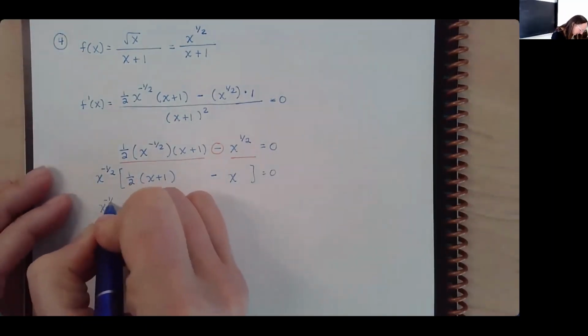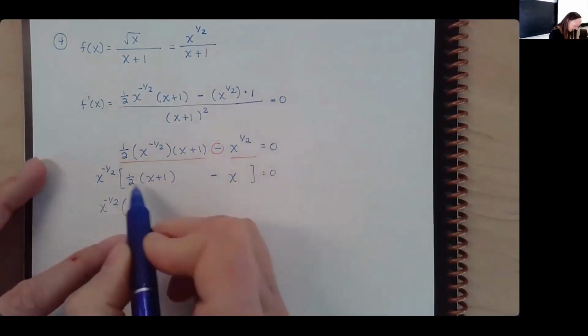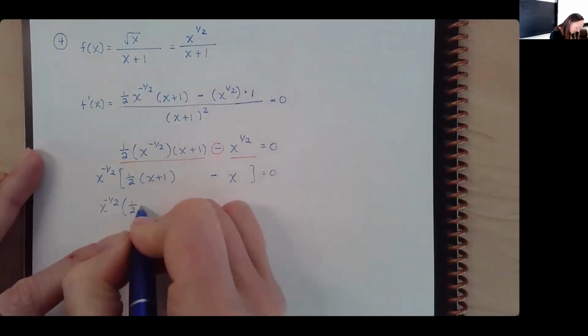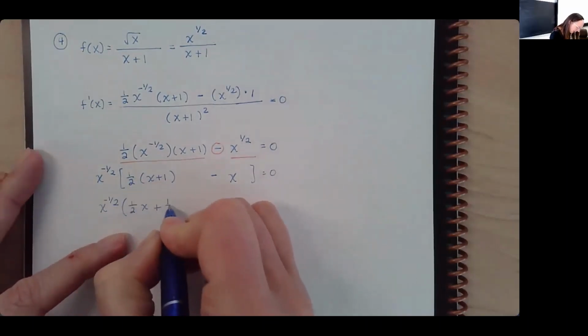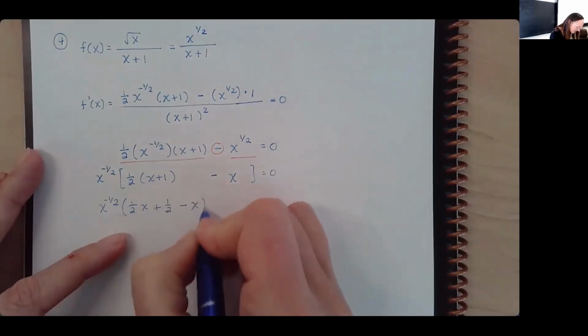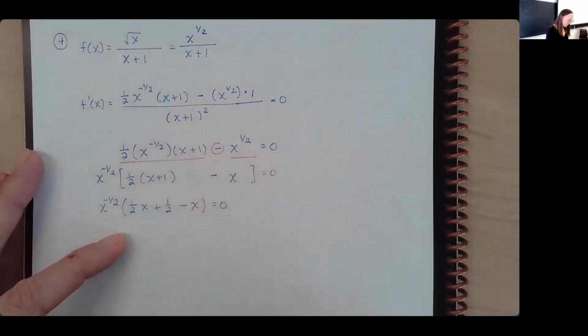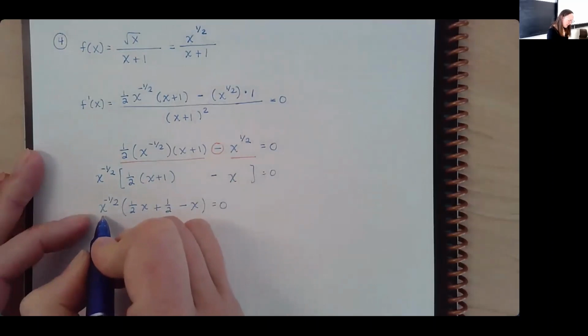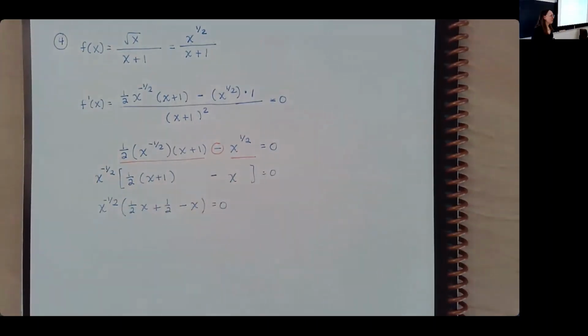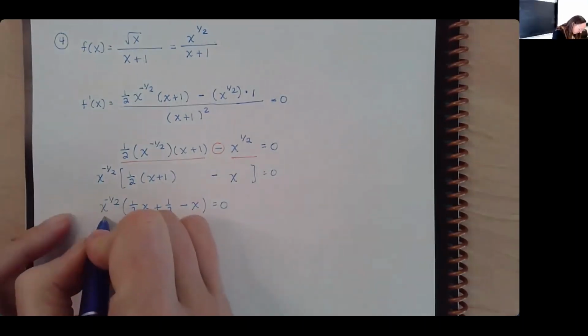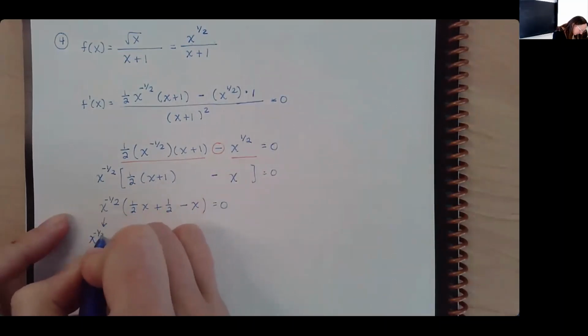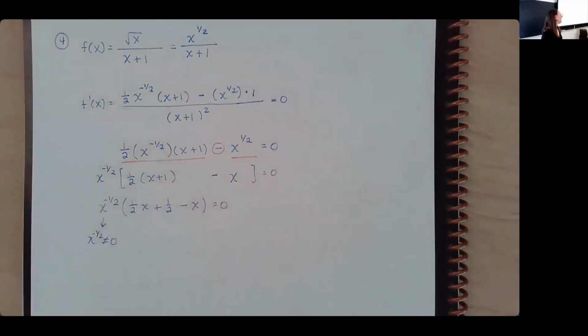So I've got x to the -1/2 and then inside, 1/2 x plus 1/2 and then minus an x. If x to the -1/2 was equal to 0, we'd have a problem because that 0 would be in our denominator. So this can't be 0, because it's in our denominator.